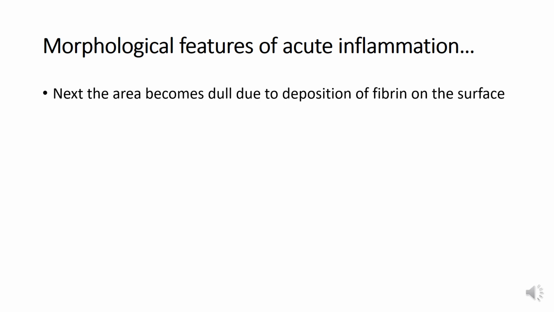After that, there is fibrin deposition on the surface, and when this happens, the area becomes dull. So the reason you see dullness is because of deposition of fibrin on the surface of the serous membrane.